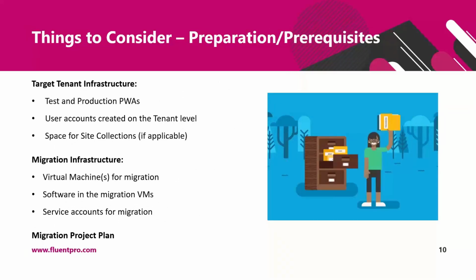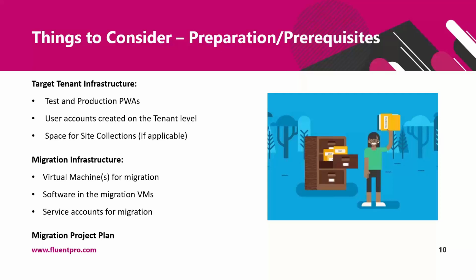So there are several areas that should be prepared for the migration. We also call them prerequisites when preparing for the migration as a service. Target tenant infrastructure, or Project Online infrastructure, or Project Server farm infrastructure should be prepared prior to the migration start.